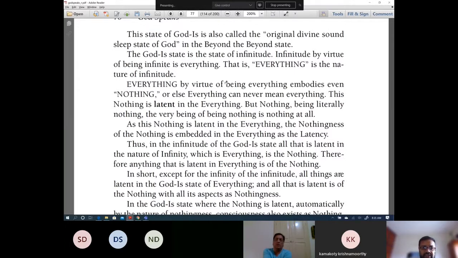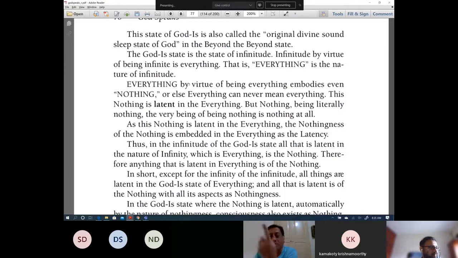That is, everything is the nature of infinitude. I have to read it again. The God-is state is the state of infinitude. Infinitude by virtue of being infinite is everything. That is, everything is the nature of infinitude.